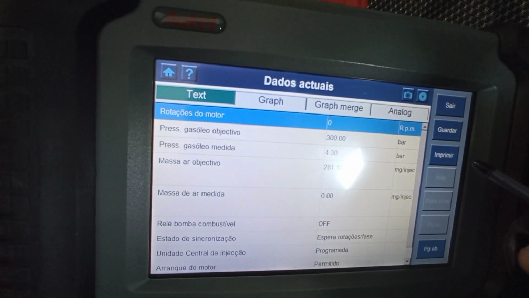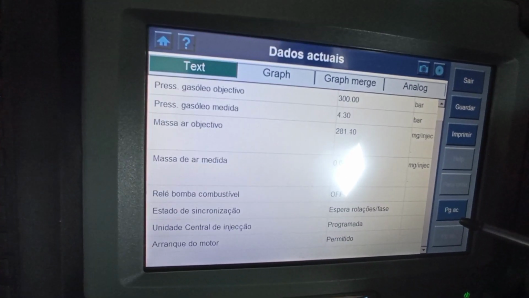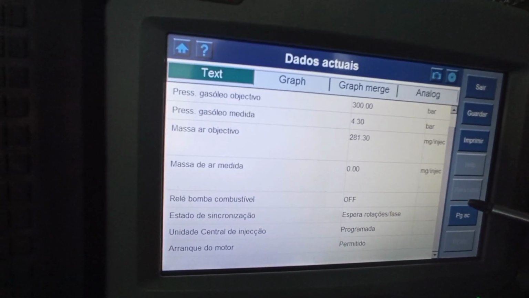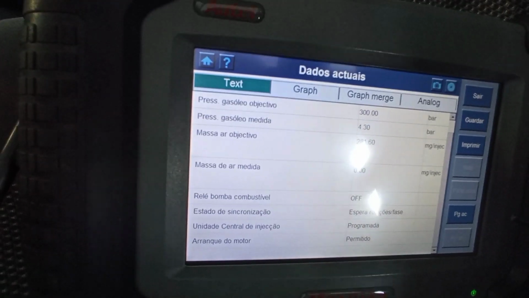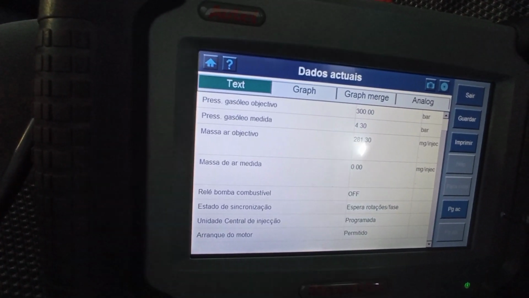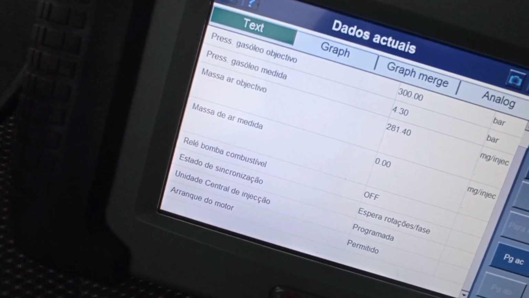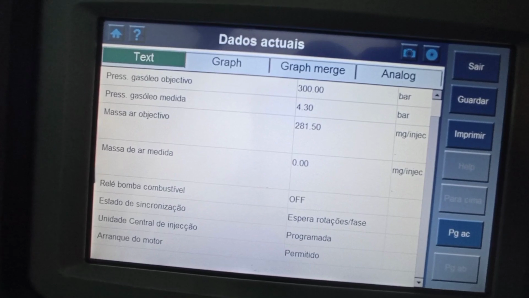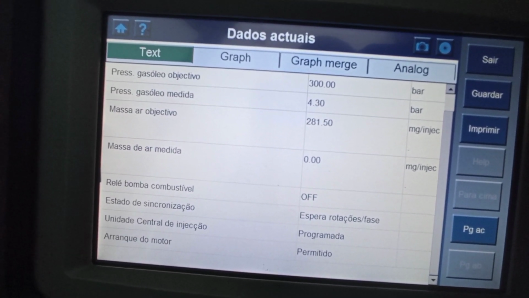We have RPM, we have fuel pressure, we have mass airflow, we have authorization to activate the pump through the relay, and we have the authorization from the transponder key and from the control unit transponder.